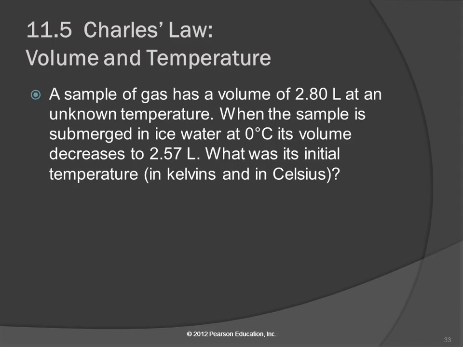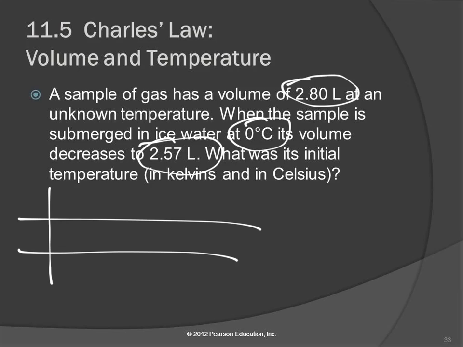So again, we're going to follow the same idea: identify the numbers, put them in a table. So here's 2.8 liters, 0 degrees Celsius, and 2.57 liters. The first number I come to, 2.80 liters. Liter is a unit of what?